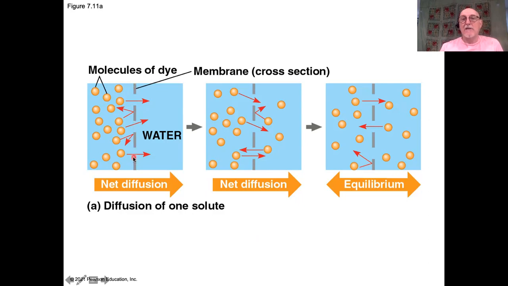This membrane is going to allow substances to move back and forth quite easily. And on one side, we are going to put a whole lot of a substance, a dye or a salt or something like that. When we start off on one side of the membrane, there's lots of that. On the other side, there is very little.